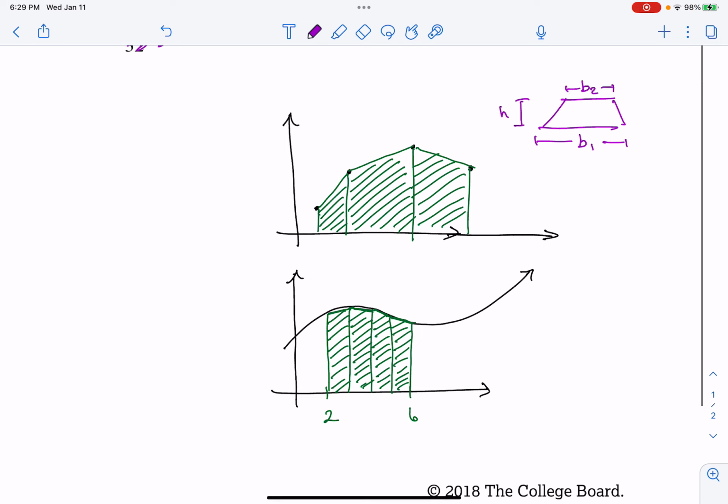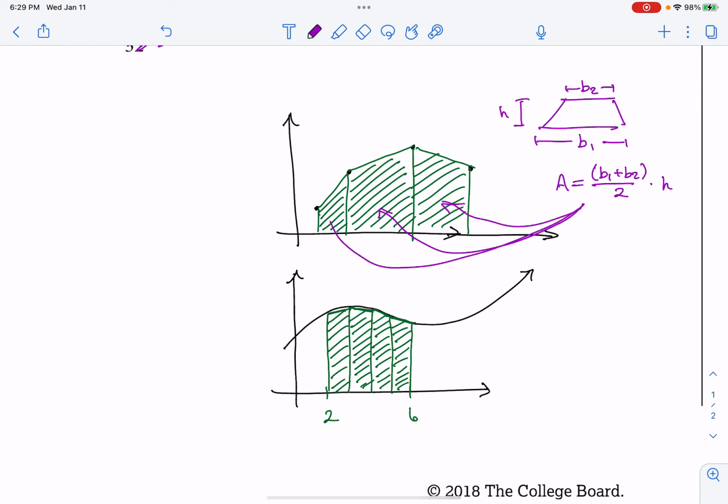The formula for the area of that thing, I'll write it like this: (B1 + B2)/2 times H. So if you think about it, this is kind of like an average of the bases. It takes the average base times the height. So that's the area formula, and that's how we would calculate each of these trapezoids.